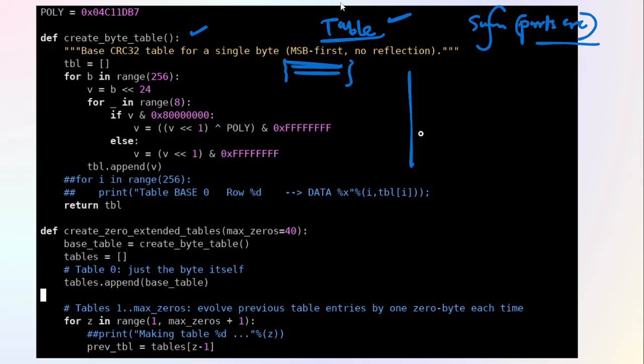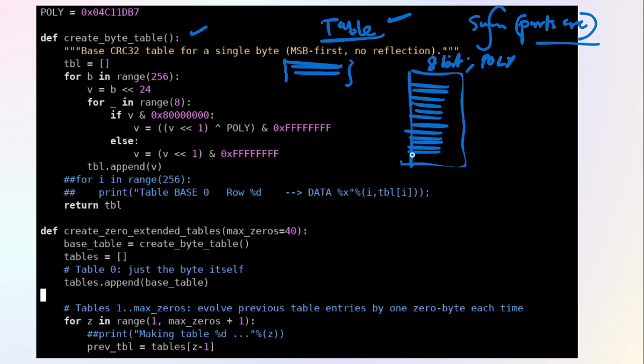These are just tables for 8-bit words, right? So if you're given 8-bit words and a poly, you basically create its contribution. Again, you have to think of this word in isolation. If this was the only word in the message, what would it do?